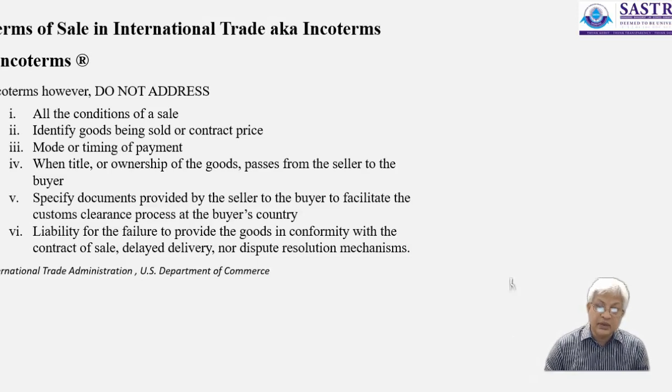What happens if the customer required a textile fabric width of 45 inches and the customer received 58 inches? That is, there is a failure in providing the goods as confirmed between the supplier and the buyer, and that is where the problem emerges. But the terms of sale do not specify that. It does not talk about delayed delivery. It does not talk about dispute resolution mechanisms. It is just terms of sale.